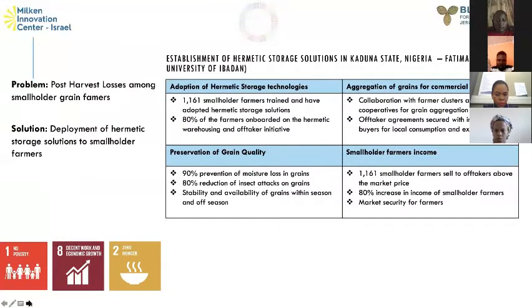Another example of this was Fatima Umar, working through the UNDP in Kaduna State in Nigeria. They were trying to overcome this.